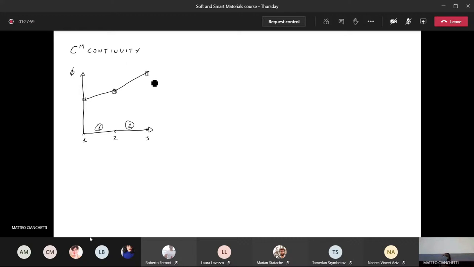We use linear shape functions to relate what happens between the nodes. So we found this distribution and this distribution, but we don't know what happens in terms of continuity in the transition between element 1 and element 2.